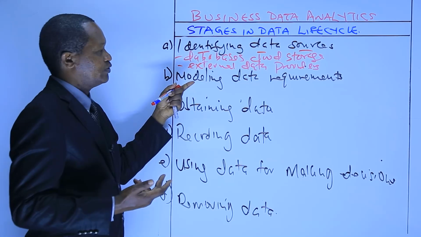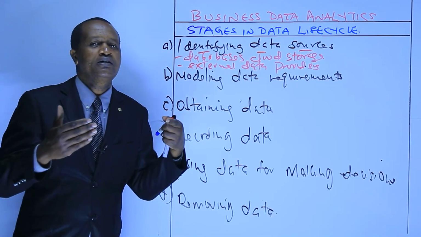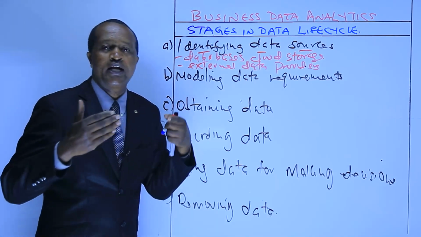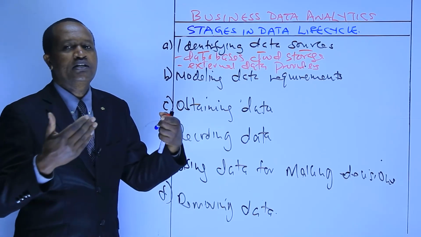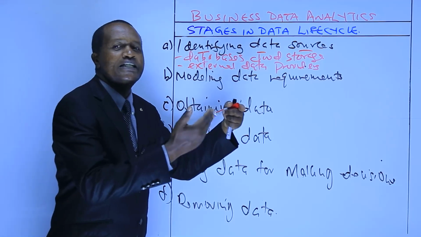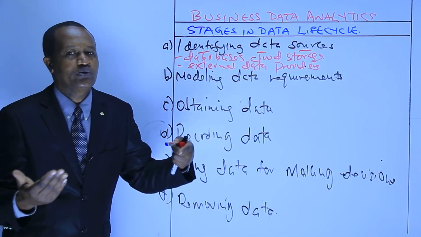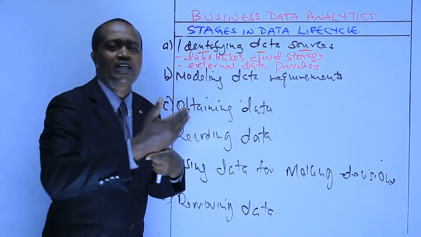Now, the modeling of data requirements, I've said, involves the definition of the data requirements that are necessary to help in meeting the operations or the needs of the organization.